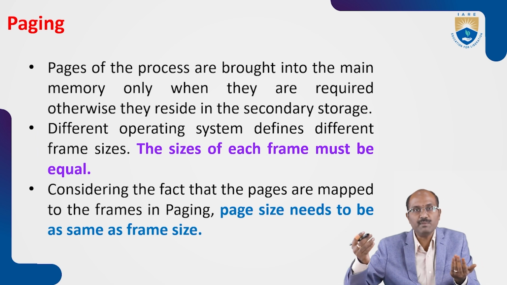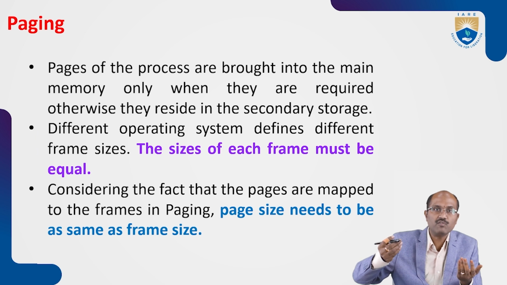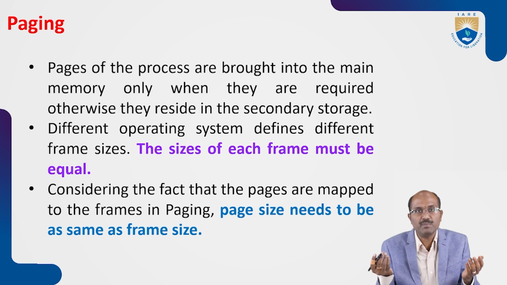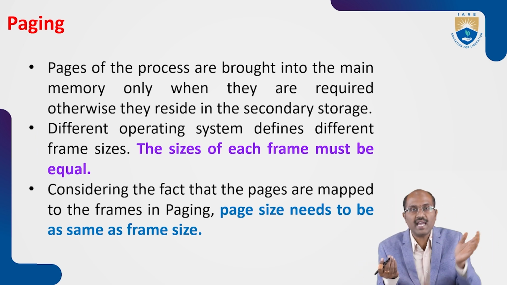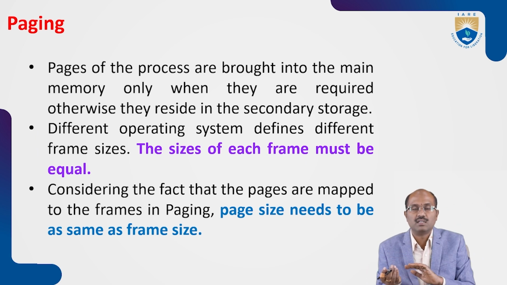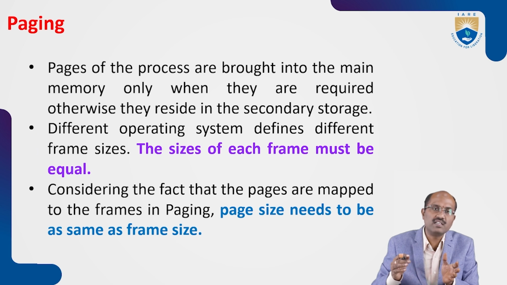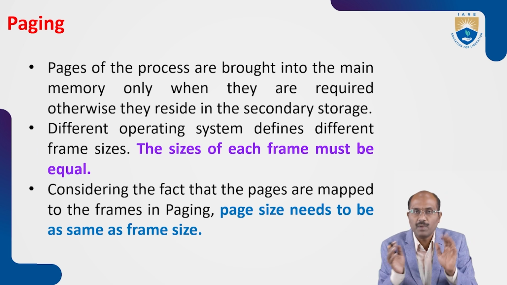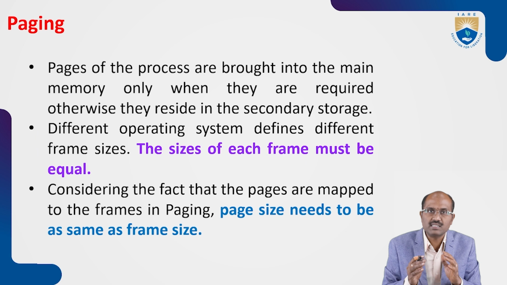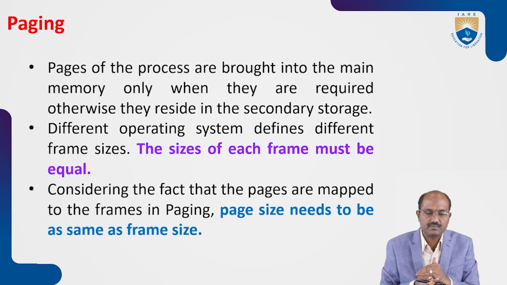When the secondary memory requires the information, it is swapped from the secondary memory back to the main memory. This is called swap in. Let me discuss swap in and swap out in another lecture. Now we are going to discuss the paging process in detail.